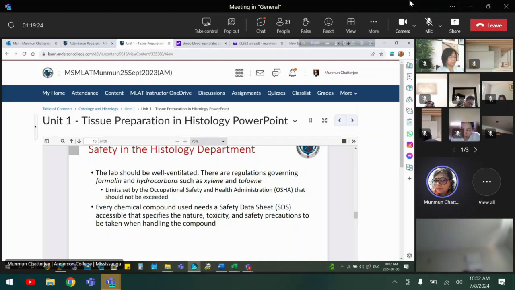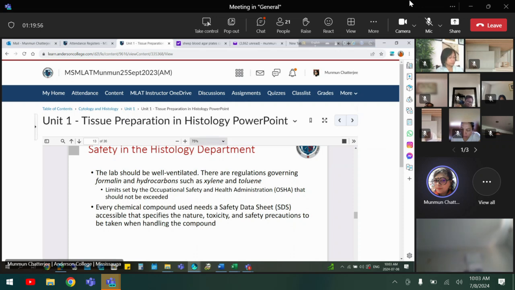All the principles that specify the nature, toxicity, and safety precautions to be taken when handling the compound. So this area deals with so many chemicals. You have to have good knowledge and be eager to know, when you are using any chemical, what the nature, toxicity, and safety precautions are when you are handling or working with the compound or the chemical.